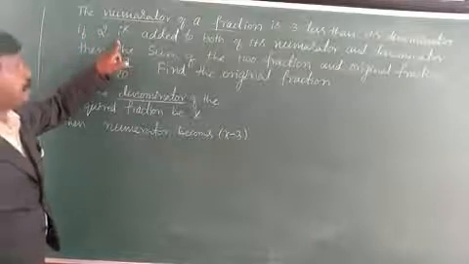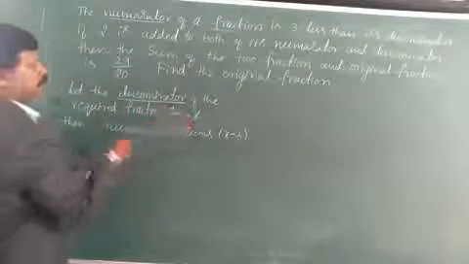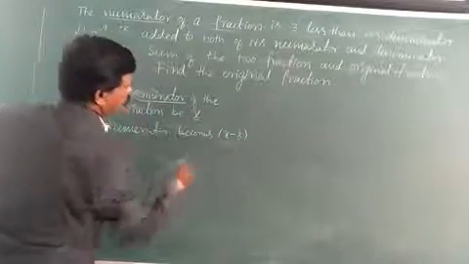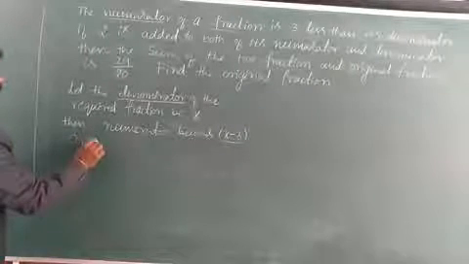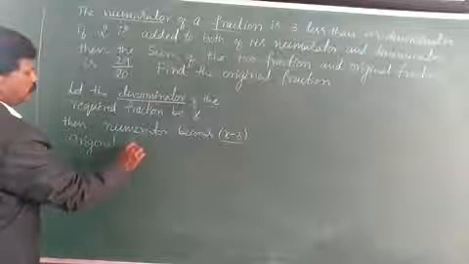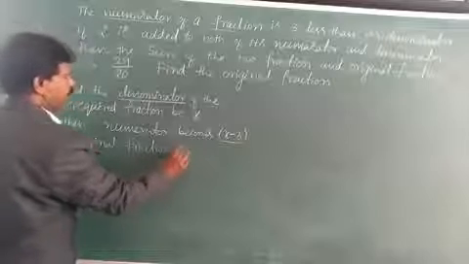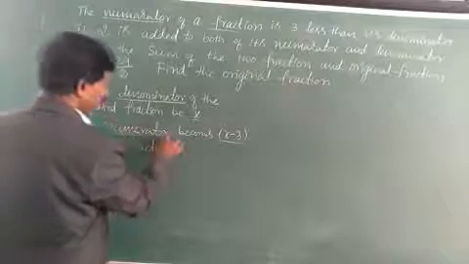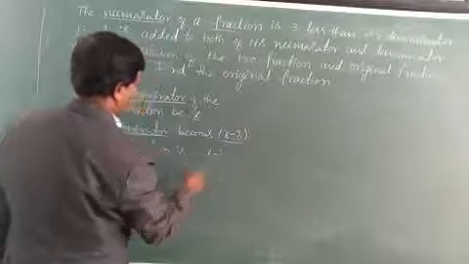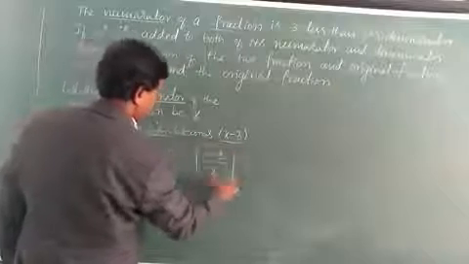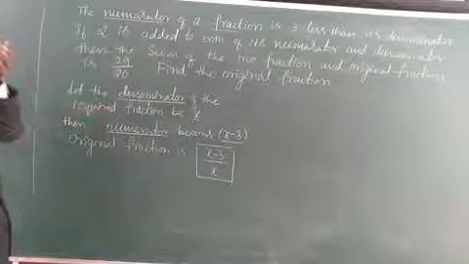If 2 is added to both numerator and denominator, first we need the original fraction. The original fraction is numerator x minus 3 and denominator x. So now we got the original fraction.